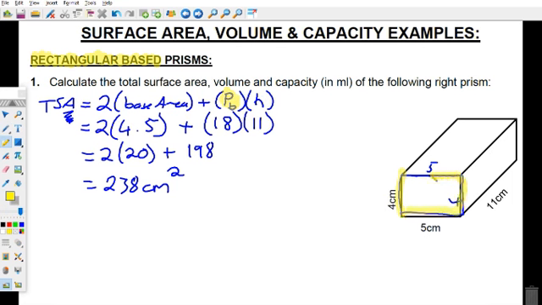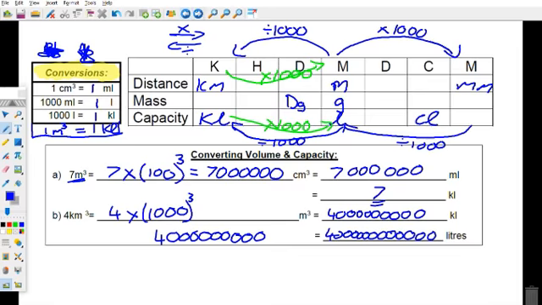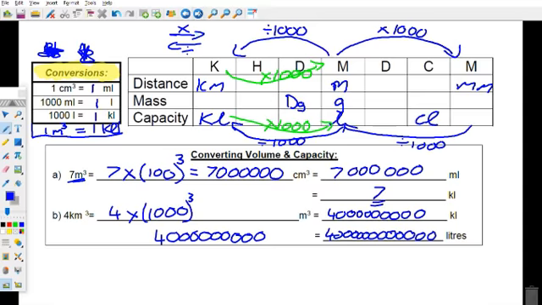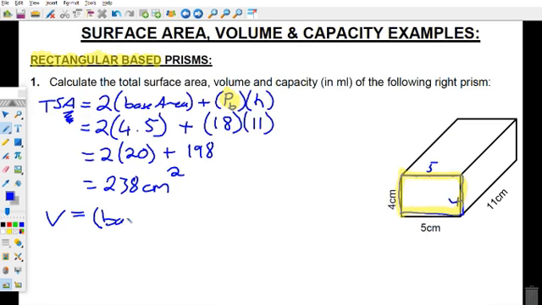Perimeter. Okay. So now we need to work out the volume. Now this one's a lot easier. So my volume is going to be equal to, it's a rectangular base shape, so my volume formula was what? My volume formula is my base area times my height. And what is my height?